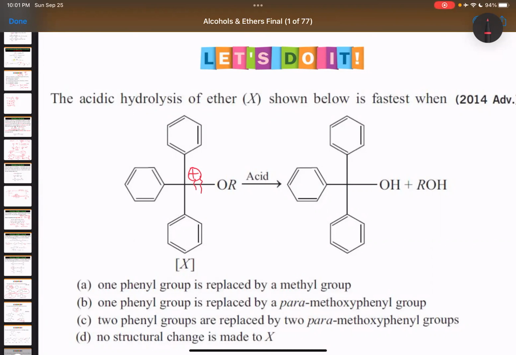If you replace the benzene by methyl, or by paramethoxybenzene, this one. You need to think that the cation should become more and more stable, right?